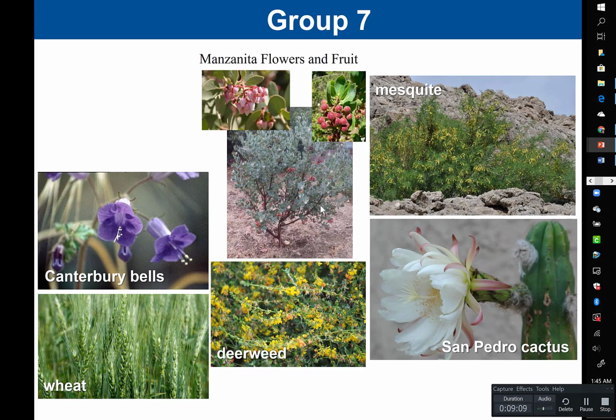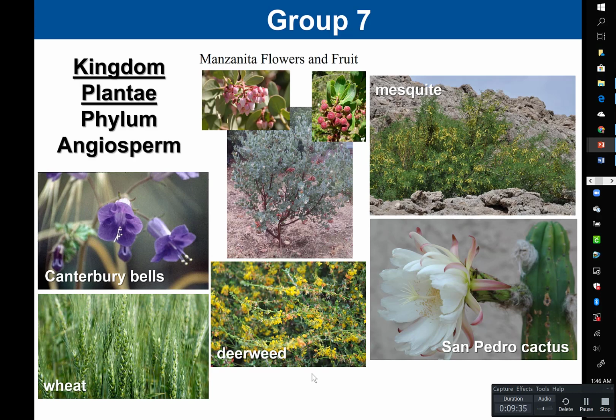Then we come to group number 7. We will see some examples here: manzanita flower, mesquite, San Pedro cactus, deerweed, wheat, Canterbury bells, all these various types of plants. Now, what did you classify this as?